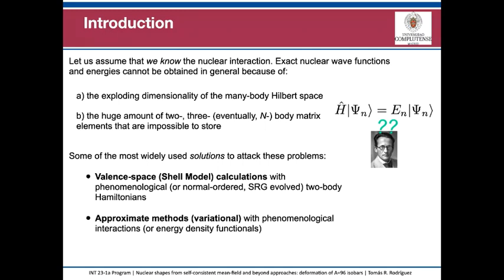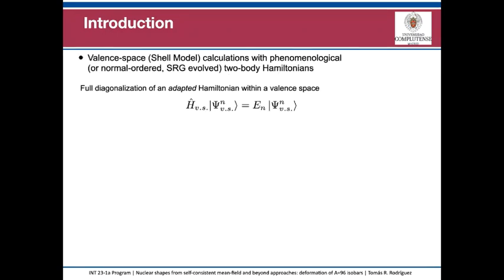Nevertheless, let me say some words about the valence space shell model calculations. In this case, we reduce the system in this way. Since the many-body system is very complicated, we can impose some model of the system.